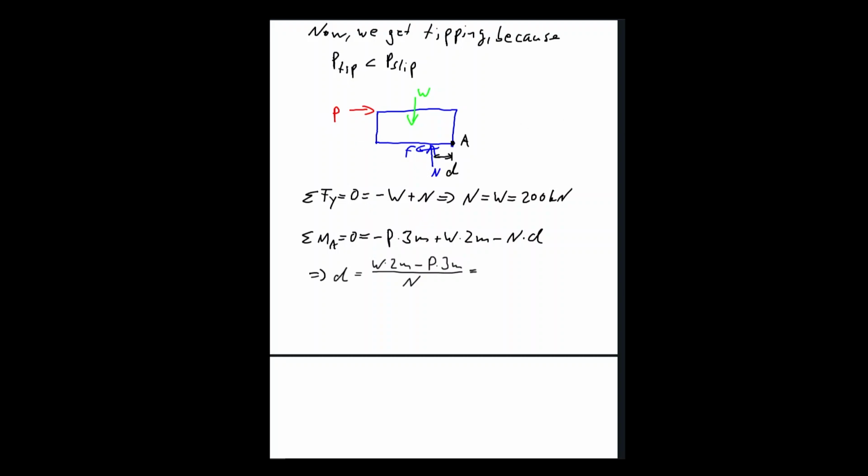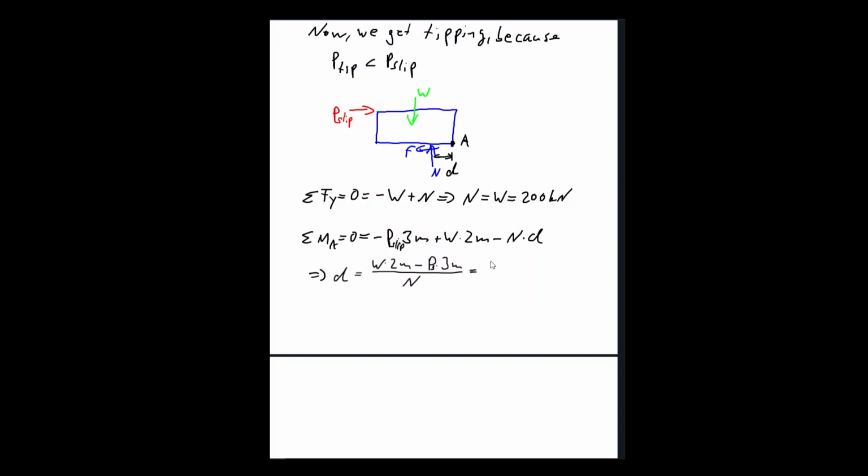Let's make that a little more clear. Let's say we have the case where we're just about to slip. Where would our N be? That's, I guess, the more precise question. So let's put S for slip. So what do we get then?